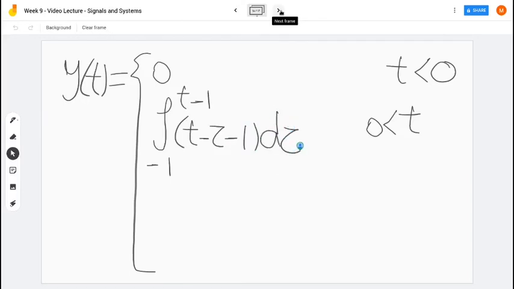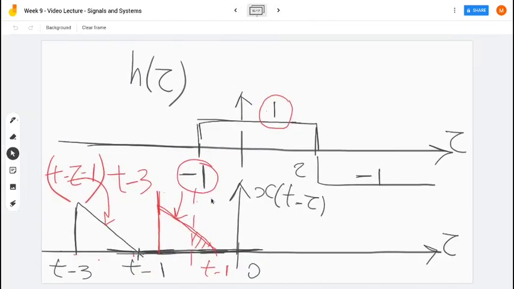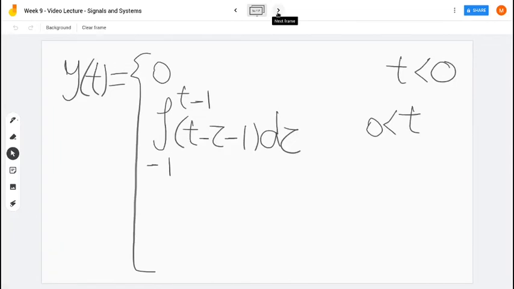And this integration would be true as long as this edge, which is t minus 3, is less than minus 1. So t minus 3 less than minus 1, which is basically t less than 2. So this interval will be t larger than 0 and less than 2.